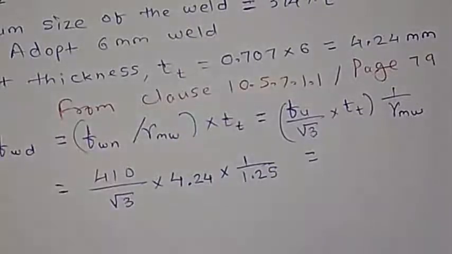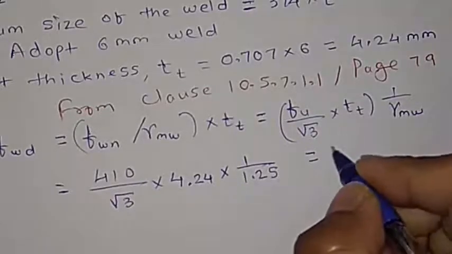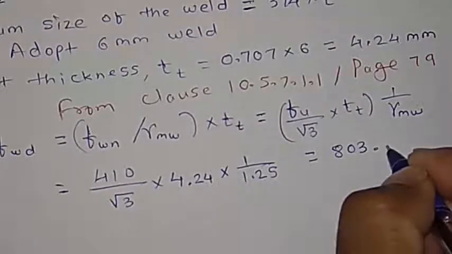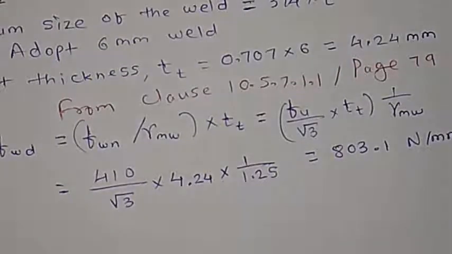So if you solve this, you will get around 803.1 Newton per mm. So this is what we will get, FWD, that is the strength.